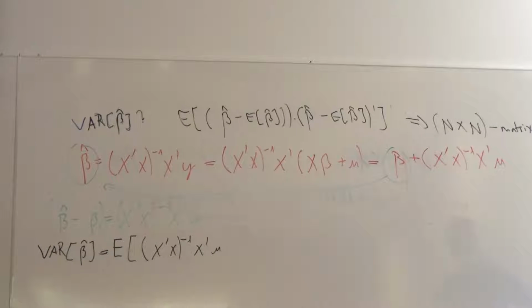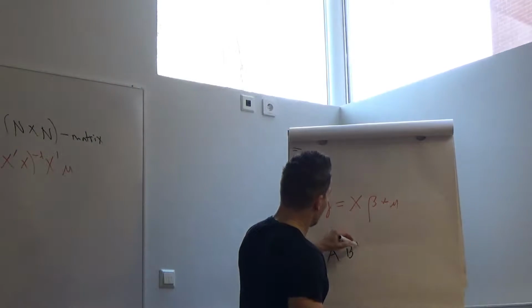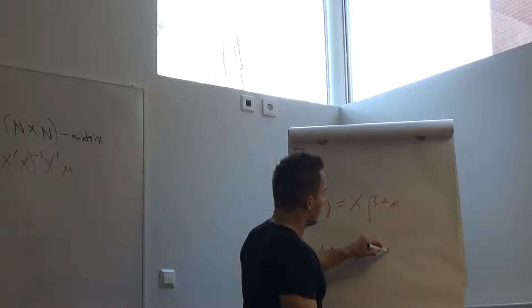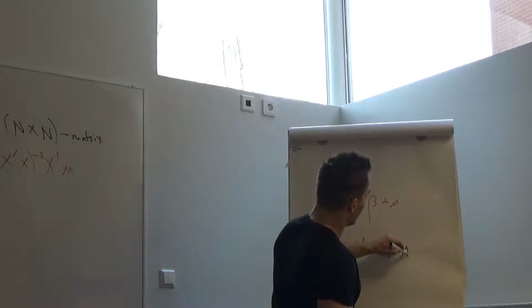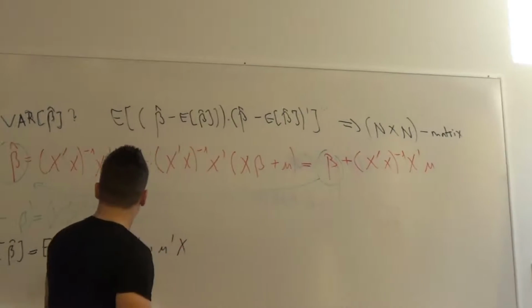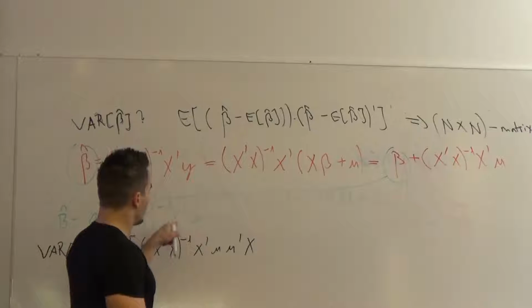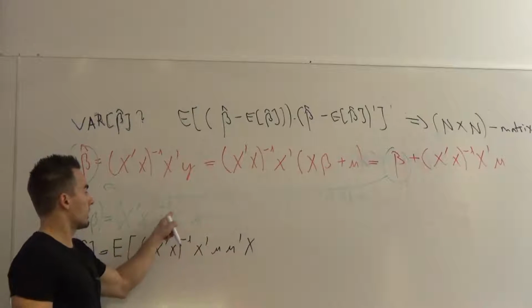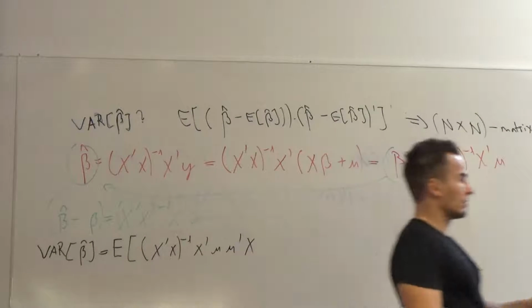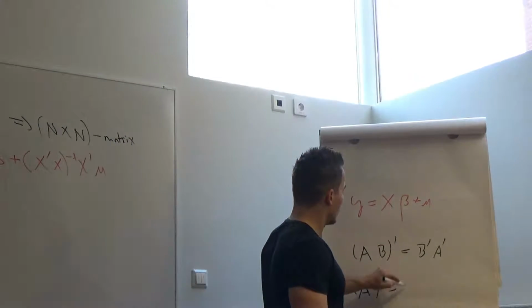If we have a matrix product A times B transposed, it is equal to B transposed A transposed. A simple rule. So we have to transpose this guy here. And the second guy, the second last element here, the transposition sign disappears, because we also know A transposed is A.